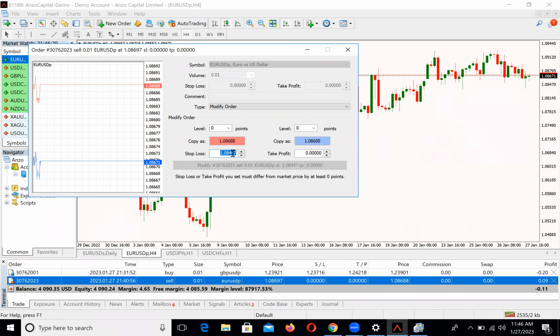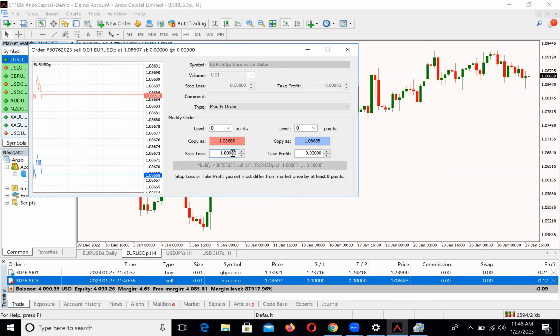I can't find the current price. Current price is 1.08697. That's the entry price, 1.08697.